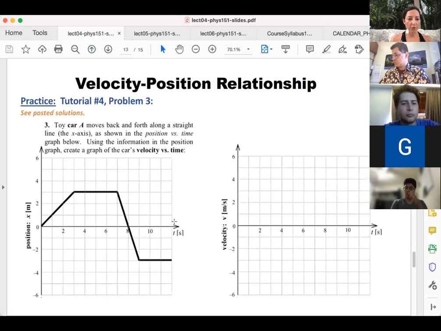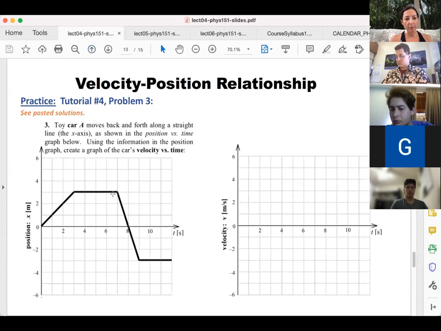This is the position versus t, and at the initial position you see x naught, which in this case is 0 because we are starting from 0. Then we get to a certain position, and then we are stuck in this position for a while. If you do the velocity, you'll see that here the velocity is positive.